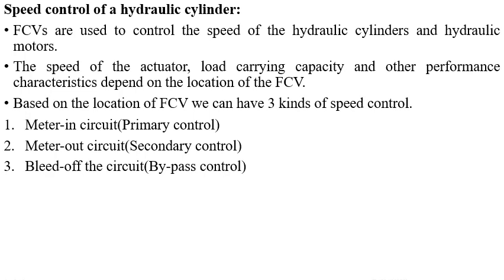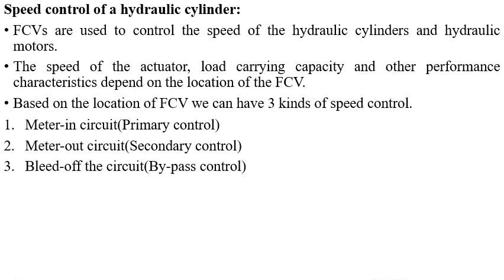Suppose half flow is obtained, the filling of the liquid into a cylinder also takes much time, and we will get a small or lower speed compared to full flow. So when the flow control valve provides full flow, we will get high speed during the cylinder strokes.